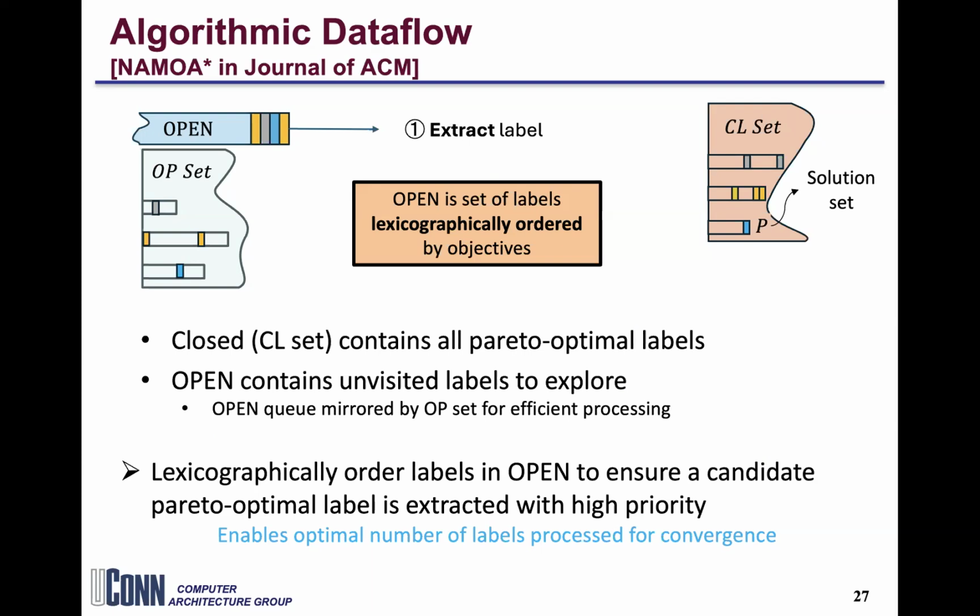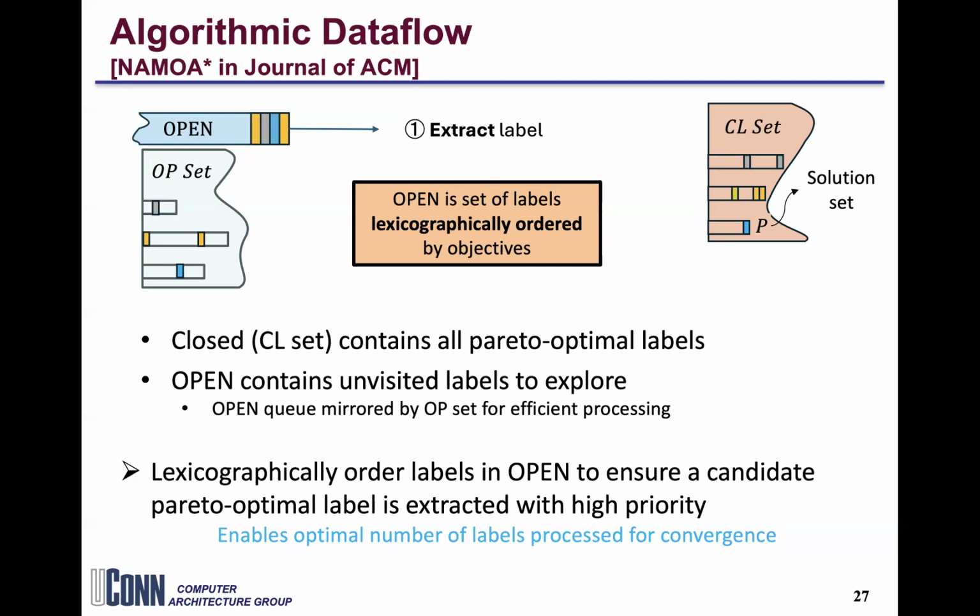Now we maintain open with 2 data structures. One is a queue, the other is a set, and this is done for efficient processing purposes. But they are mirrors of each other. First thing, order is very important in this algorithm. Open is a set of labels that has to be lexicographically ordered. We can't just create one order because we don't have one cost. We have multiple costs, multiple objectives. So the best we can do is create a lexicographical ordering of those objectives.